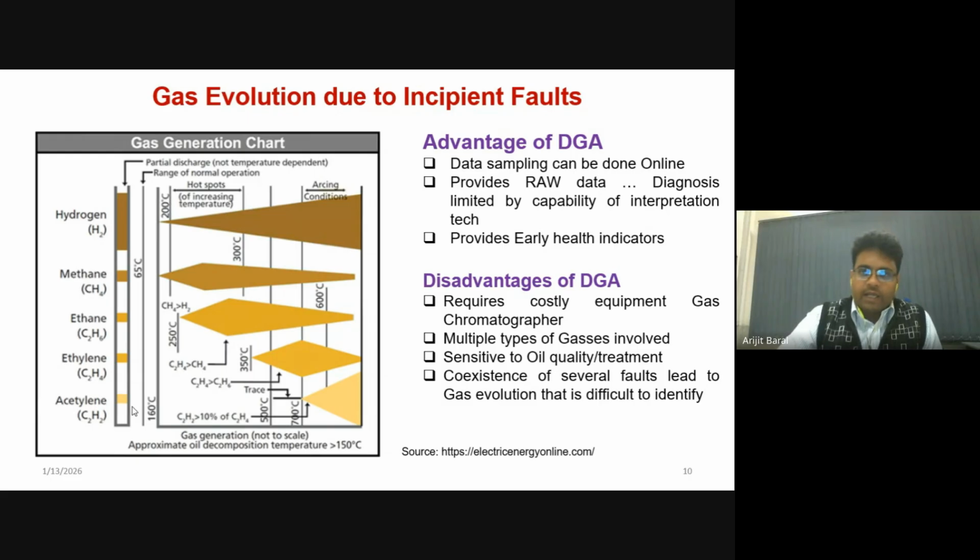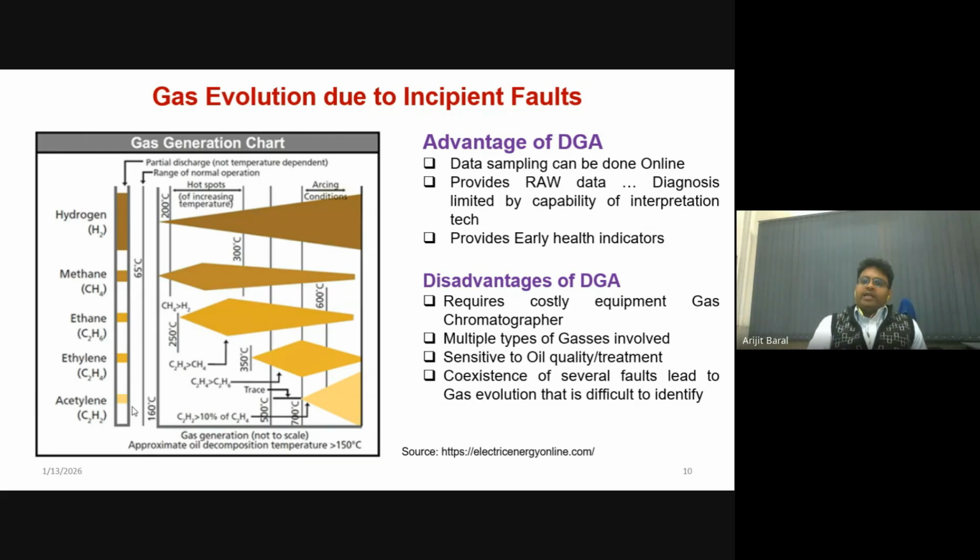The problem with this kind of analysis is that, as I told you, there will be 6 types of fault, and each fault will be accompanied with generation of a few specific gases in specific proportions. But if multiple incipient faults exist in the equipment, then it becomes very difficult, because each of these incipient faults will generate its own gases, and the resultant gas composition that will be present in the oil will be ultimately identified by the gas chromatograph.